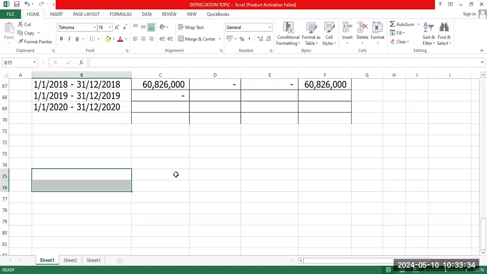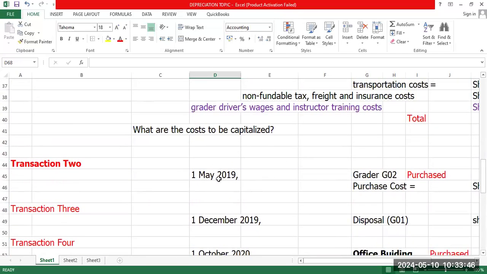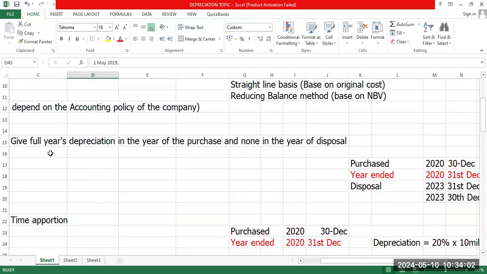Yes. Okay, let's go back to our year of income 2019. In 2019, we had this grader, when was it? We purchased it on 1st May. Although we purchased it on 1st May, the condition is we give full year's depreciation in the year of purchase.